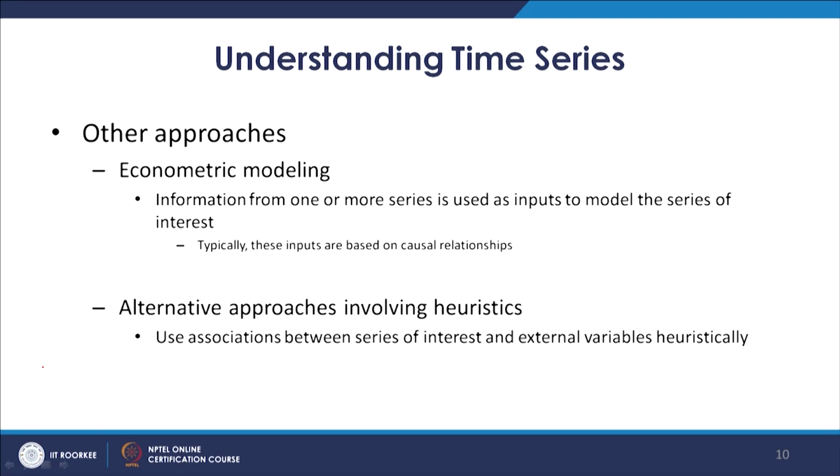Using some of the heuristic principles that we observe for our series of interest, we can use some of those associations between the series of interest and the external variables heuristically.